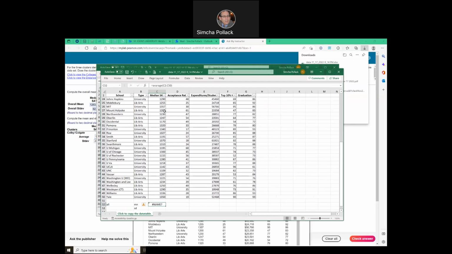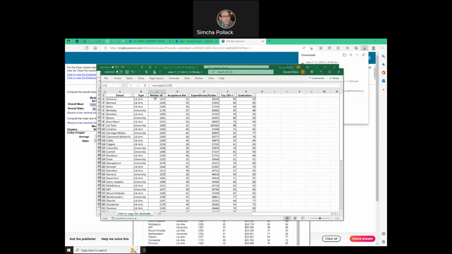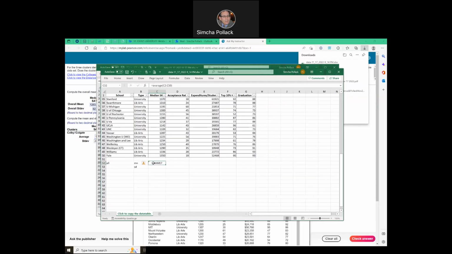Average C2 to C50. I don't know what I did wrong. Equals average of column C, C2 through C50. Oh, this time it worked.